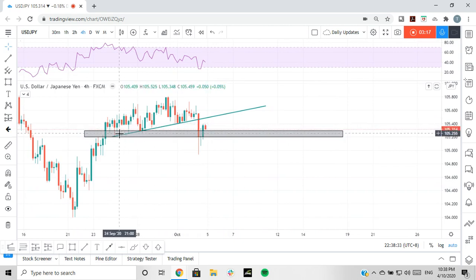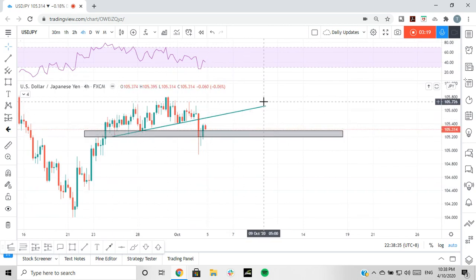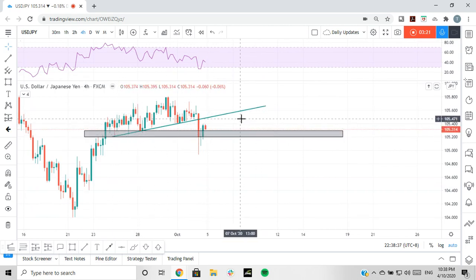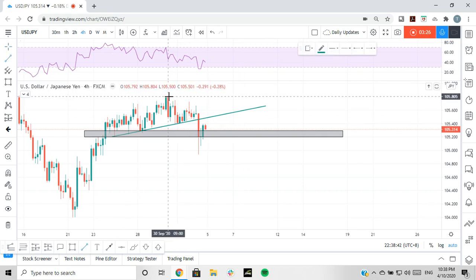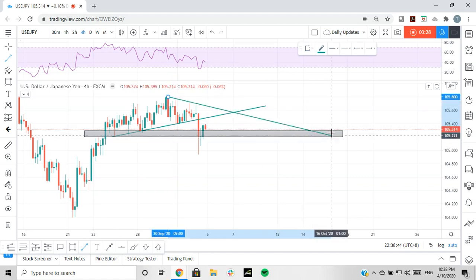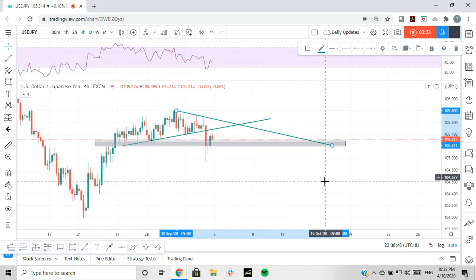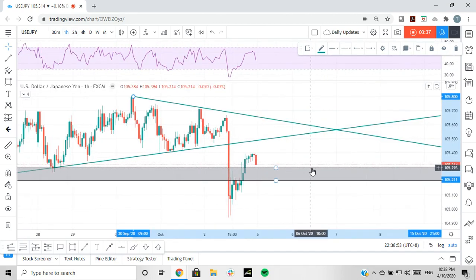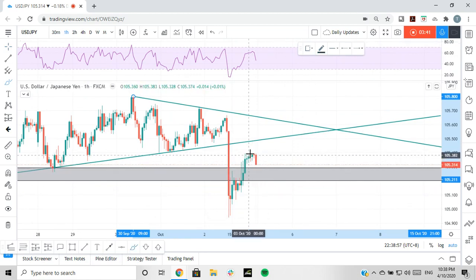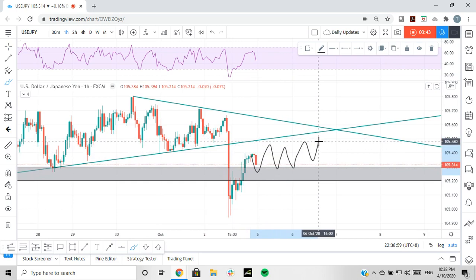Because it broke out of this trend line, it doesn't mean that it's not going to go down. Why do I say so? Because if you draw another trend line around this area, what might be happening for USD/JPY, if you go down to the lower time frame, is that the price might just continue to retest all the way up to this trend line that I have drawn.